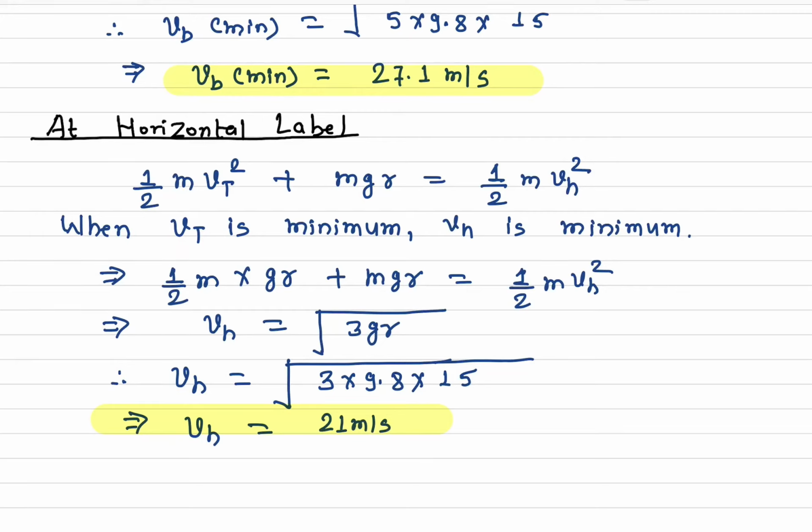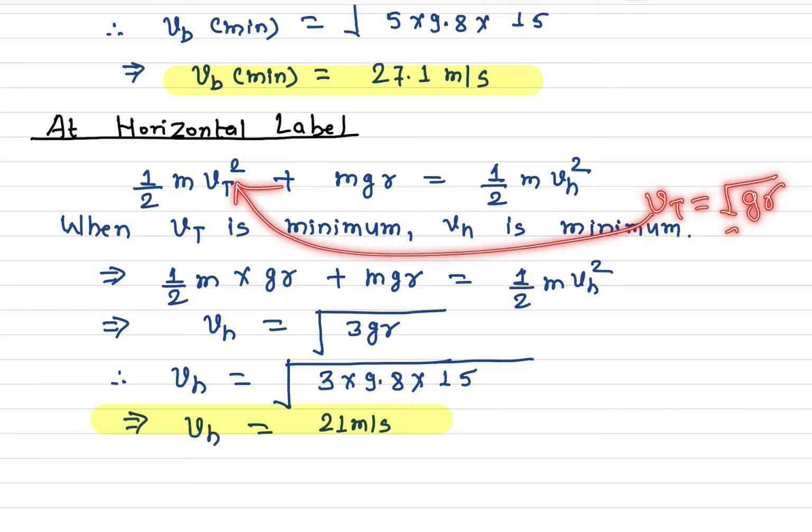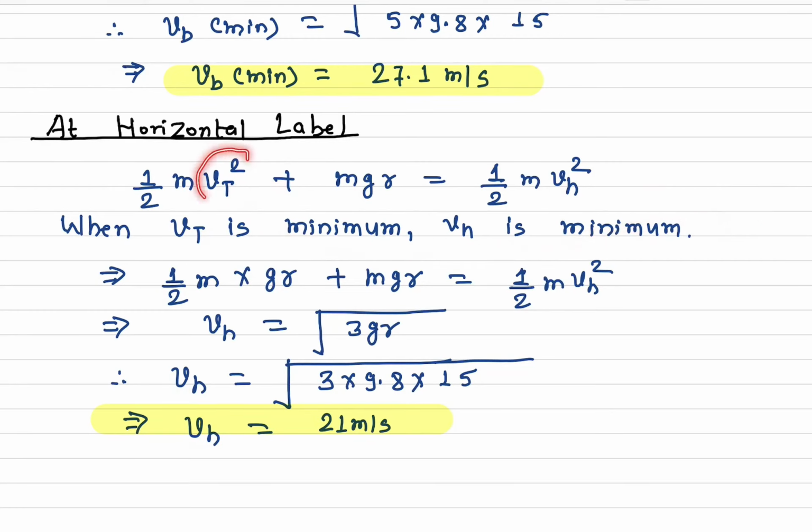When Vt is minimum, the formula for Vt is the square root of gr. So Vt squared would be equal to g times r: mgr, half m vh squared. Once you solve it, you'll get vh is equal to the square root of 3gr. Plug in all values, you'll get 21 meters per second.